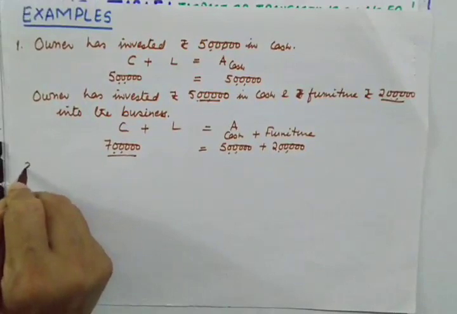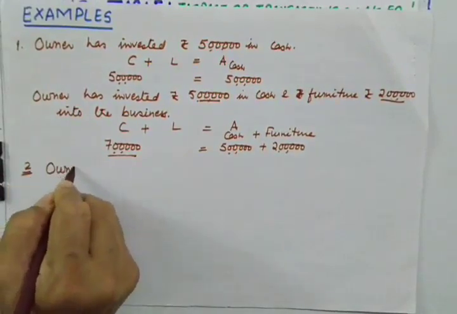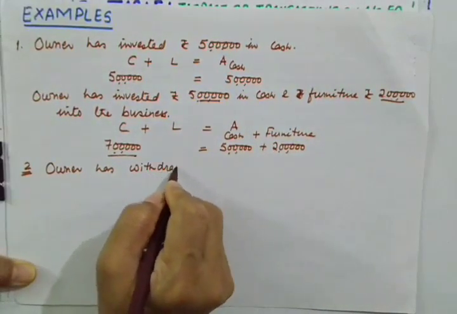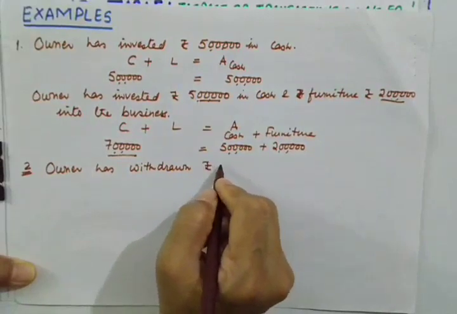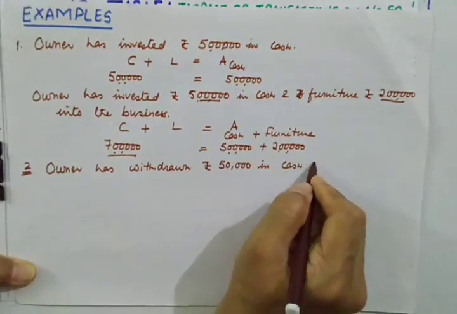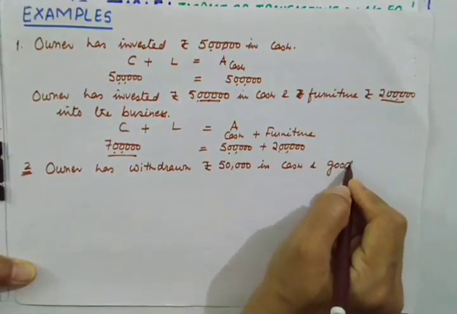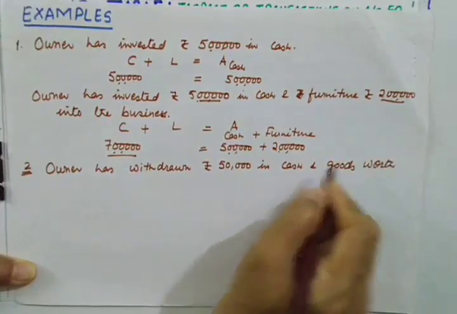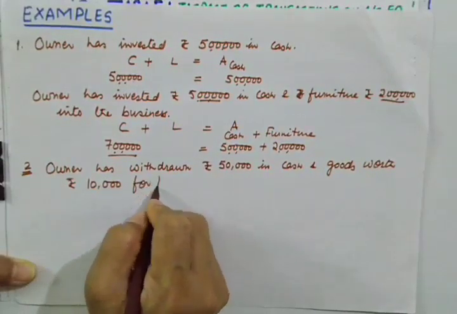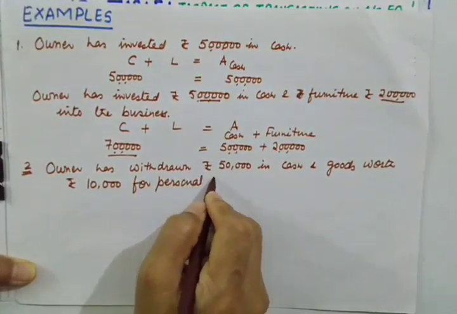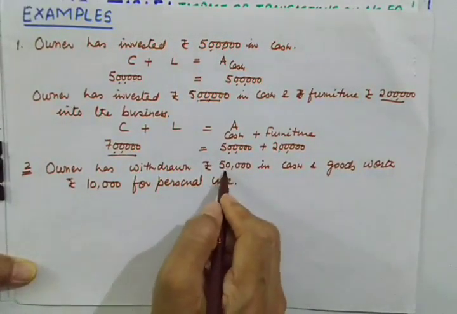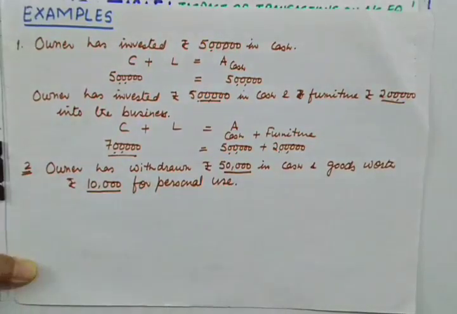Now second example, the owner has withdrawn. I am taking a combined example. The owner has withdrawn, let us say, rupees 50,000 in cash, and goods worth rupees 10,000 for personal use. What will happen in this case? His total drawings are 50 plus 10.